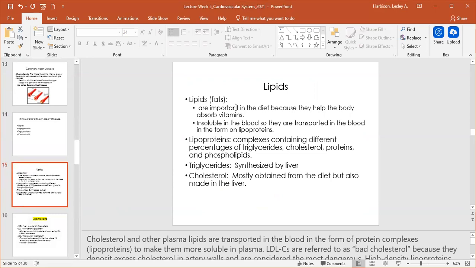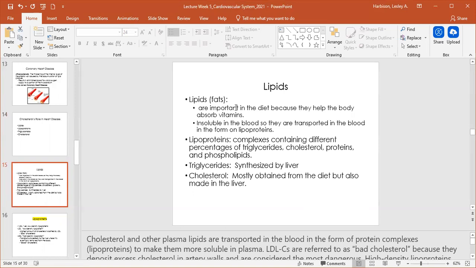So the lipids are fats, and fats are important in our diet. They help to absorb certain vitamins that can't be absorbed without fats. They're lipid soluble vitamins. We definitely have to have a certain percentage of lipids in our diets.